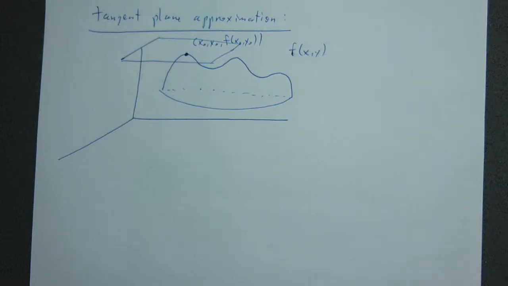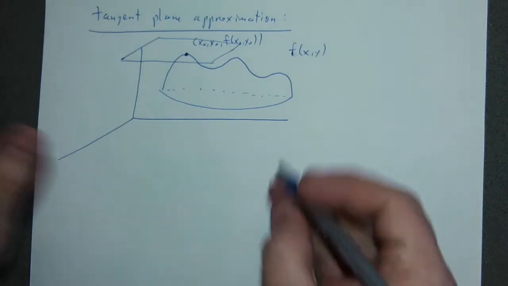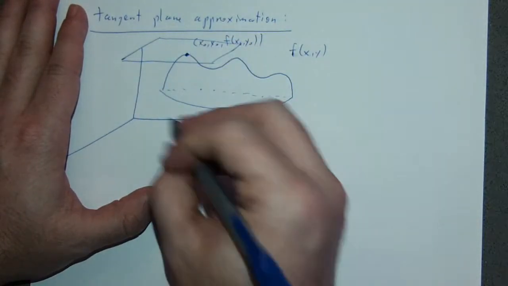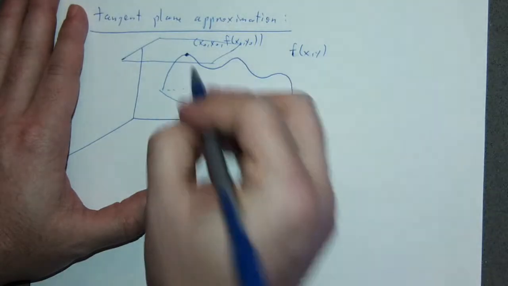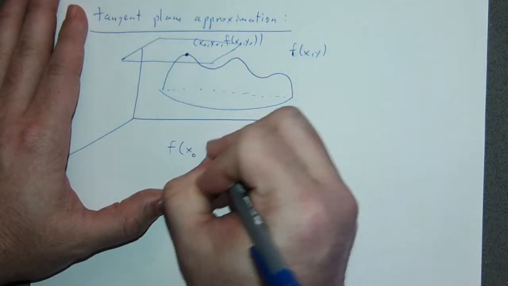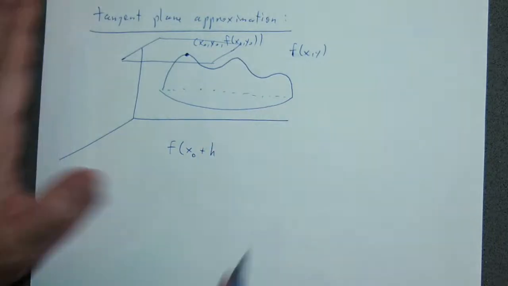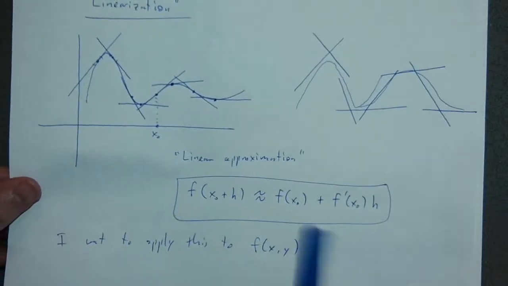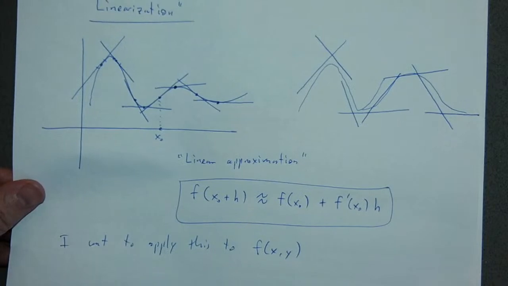So how do I do this? Well, if I want to approximate the value of a function near some point, then I have a little bit in the x direction that I might be moving. But now I have this other direction. So just to refresh your memory, here's what linear approximation looked like in Calc 1.